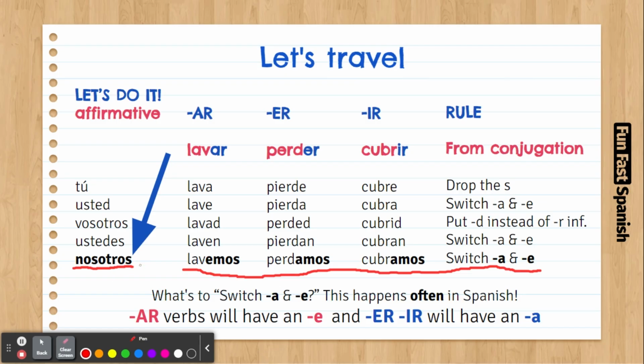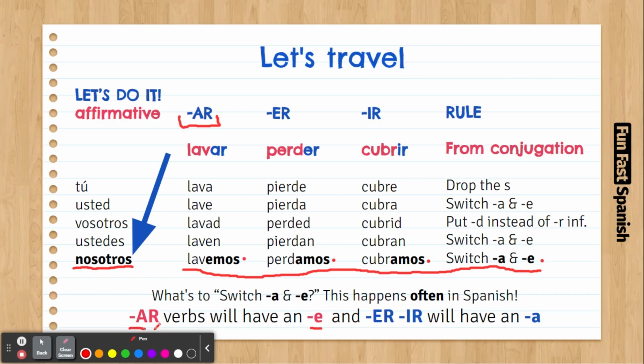So, how do we do this? First, we are going to remember that these words come from the present tense, right? And we make this switch. What is the switch? The switch of the vowels A and E. When the verb is an AR verb, we are going to put an E instead.